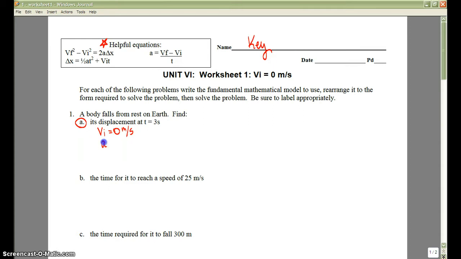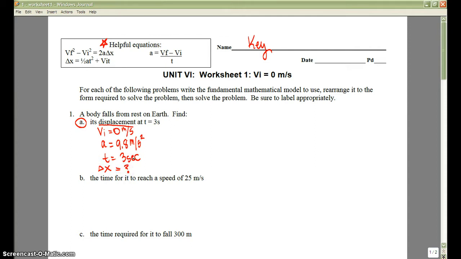Our acceleration, which is pulling it down to the ground, is 9.8 meters per second squared. We want to know how far it's traveled at 3 seconds, so our time is 3 seconds. What we're trying to find is its displacement, which is our delta x variable.